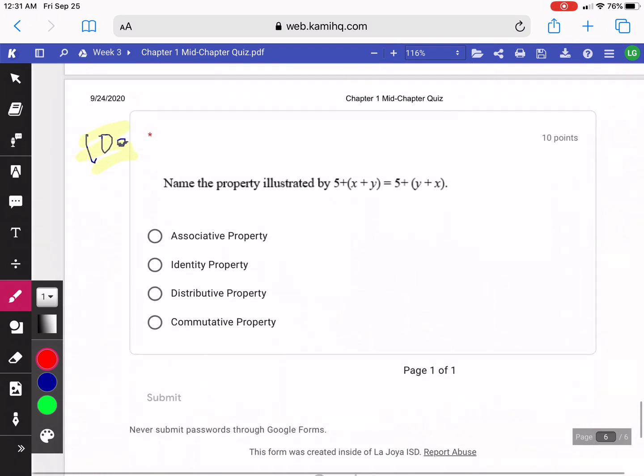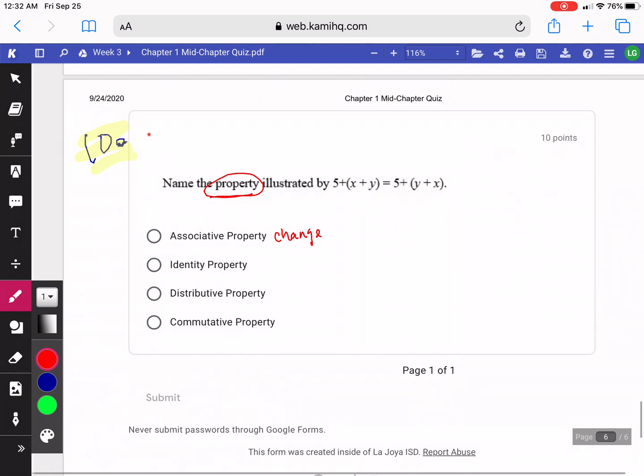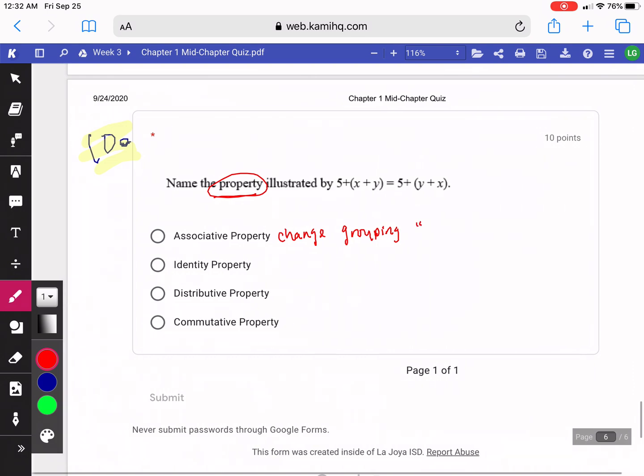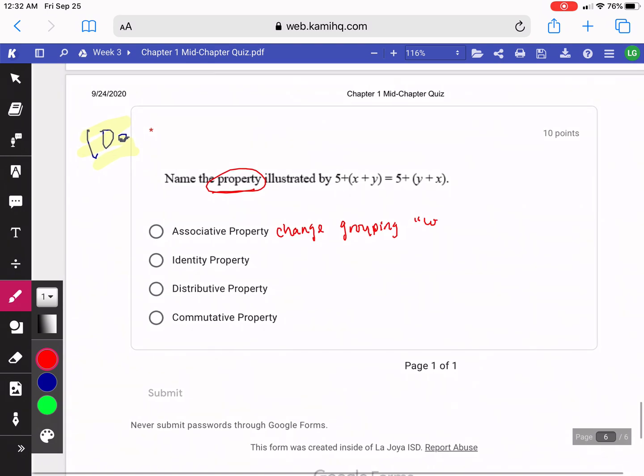Question 10, there were also a lot of mistakes. Here the keyword is property. So when it's associative property, that's where they change the grouping. I like to think of it as who was hanging out, so they change who was hanging out in the parentheses.